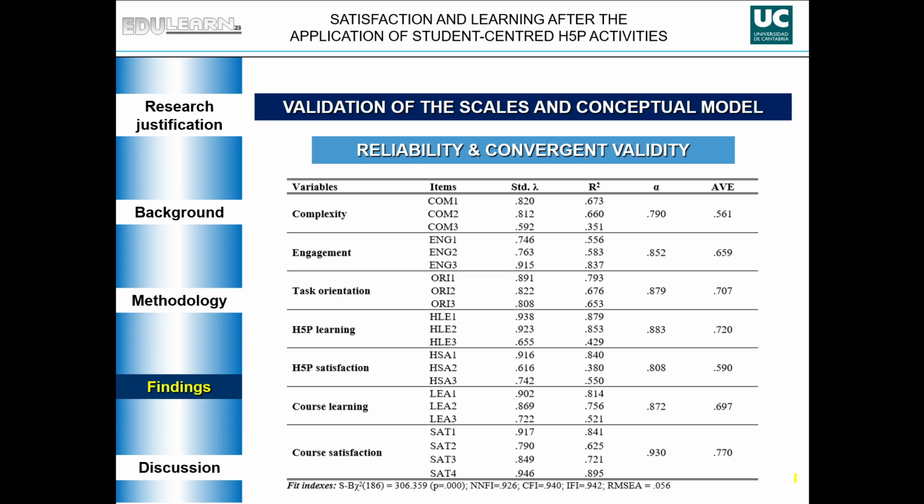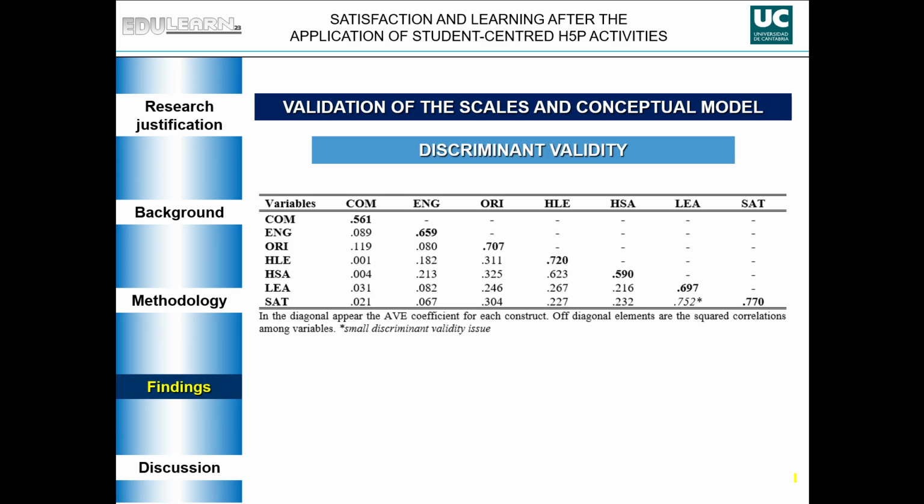We also confirmed convergent validity based on the standardized lambdas that were in all cases higher than 0.5 and they were significant. And we also confirmed discriminant validity because the correlation between pairs of latent variables was sufficiently small to corroborate this discriminant validity based on the procedure suggested by Fornell and Larcker in 1981.